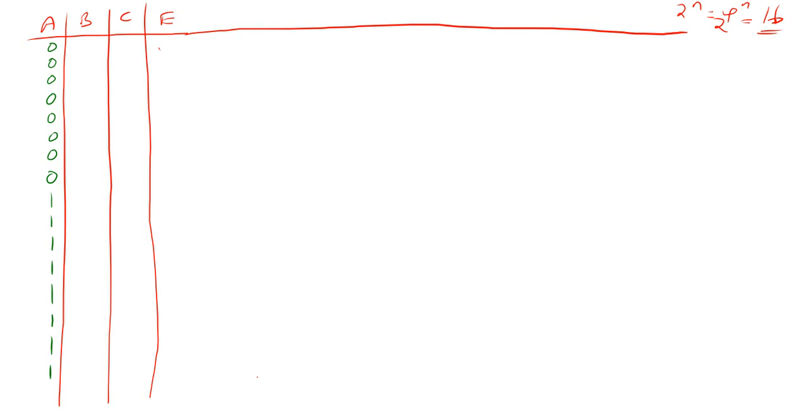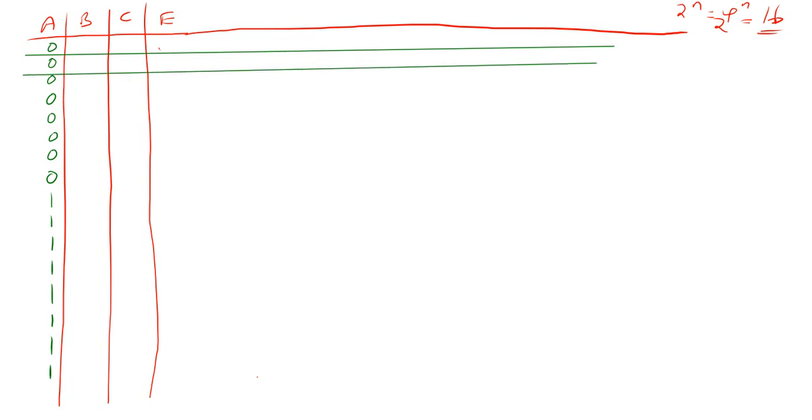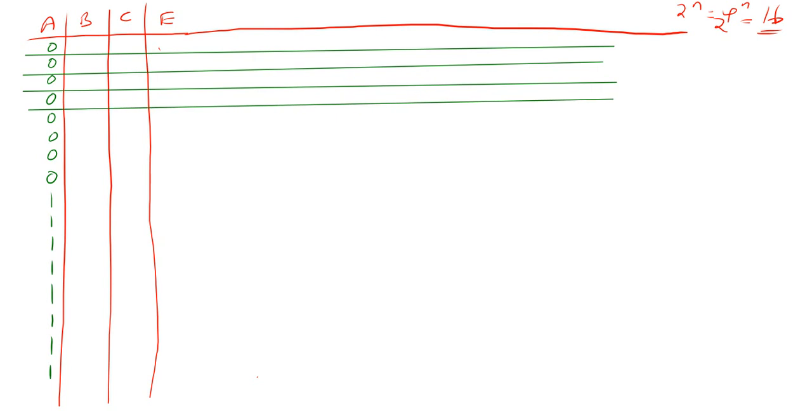Let me divide it, so that we can have each of the inputs being clear.